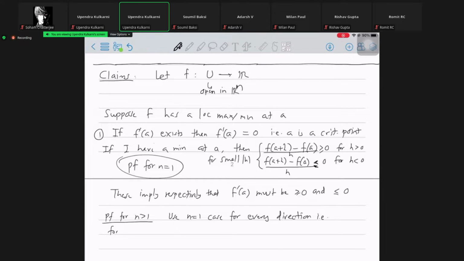For f restricted to, let us say, a plus t times v, for t in some open interval.